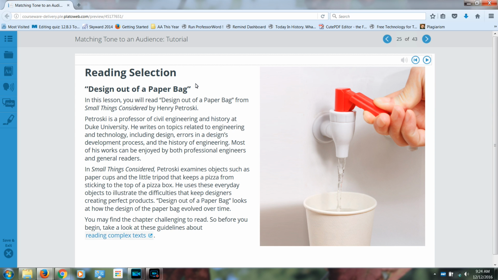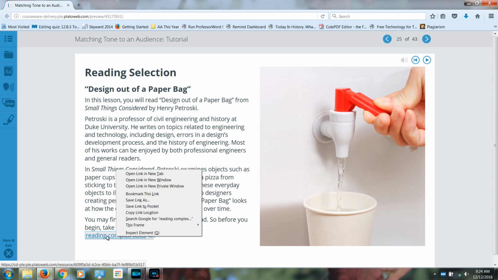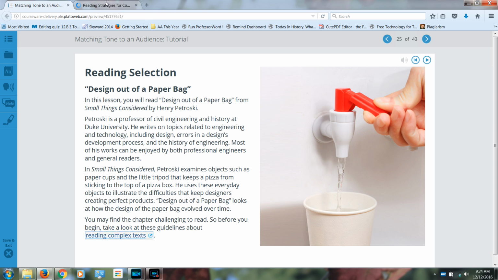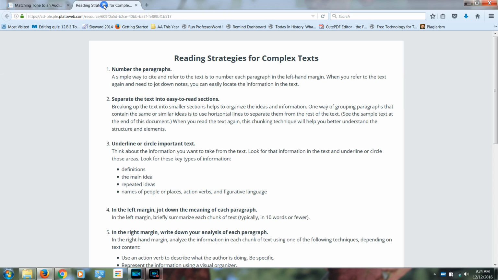And so you're going to be reading. And notice you have some guidelines about reading complex text. Whenever you have these, use these. They're there to help you. They're not there just to slow you down, because they're actually going to help you understand the material, which in essence helps you speed it up. Okay. Number the paragraphs.